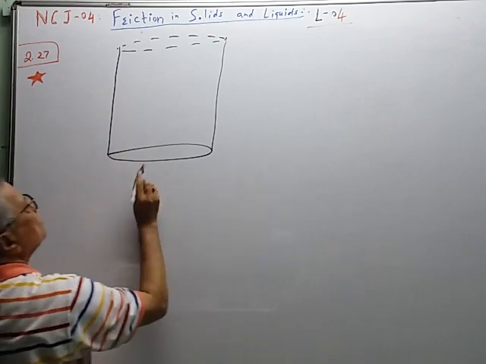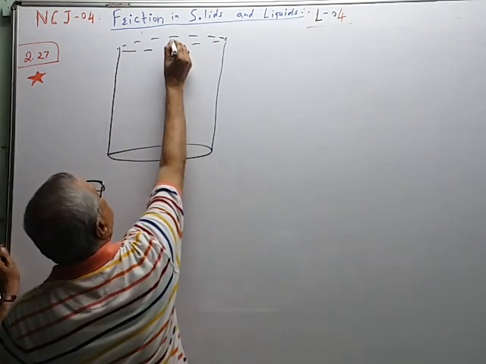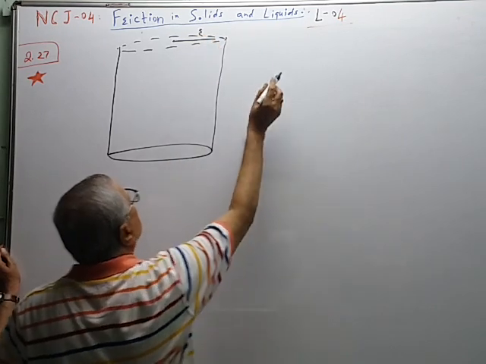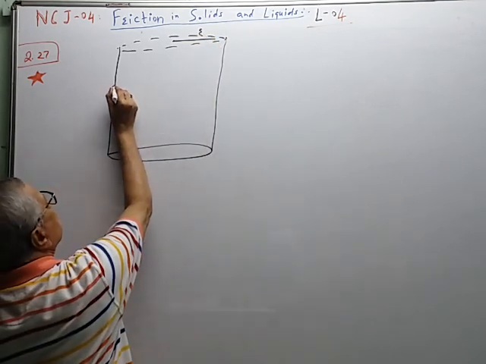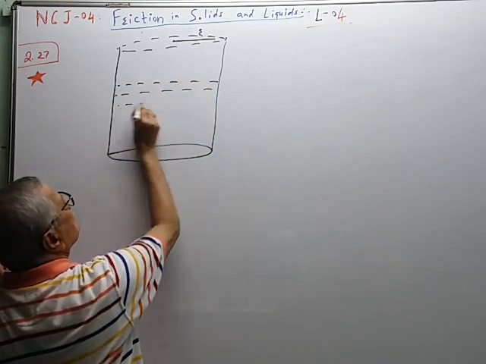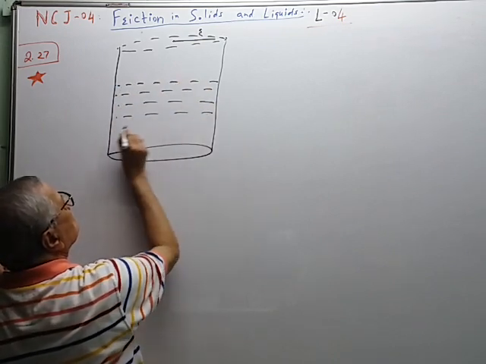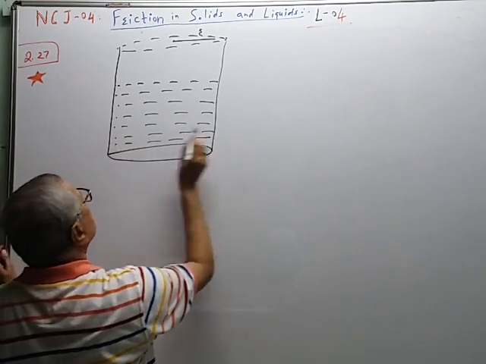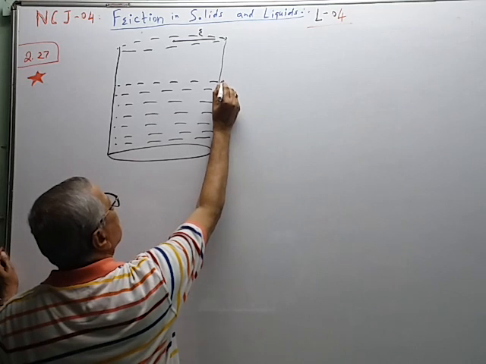Like this. So this radius is R. Liquid is filled up to height h. So this is height h.